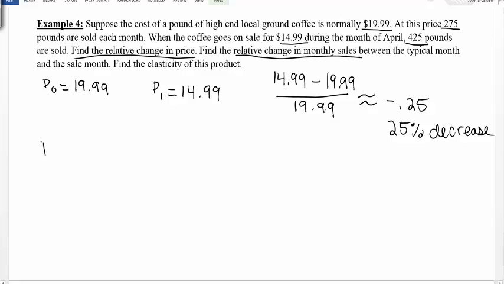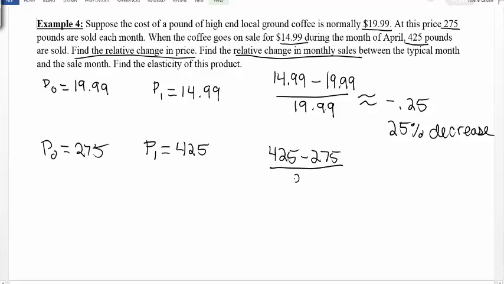Since the typical amount is 275, that's our P naught, which means that our new quantity here, our new P, is going to be 425. That's our P1. So now, to find the relative change in sales, or the relative change in quantity here, we're going to use our formula. We're going to do 425 minus 275, all divided by 275.